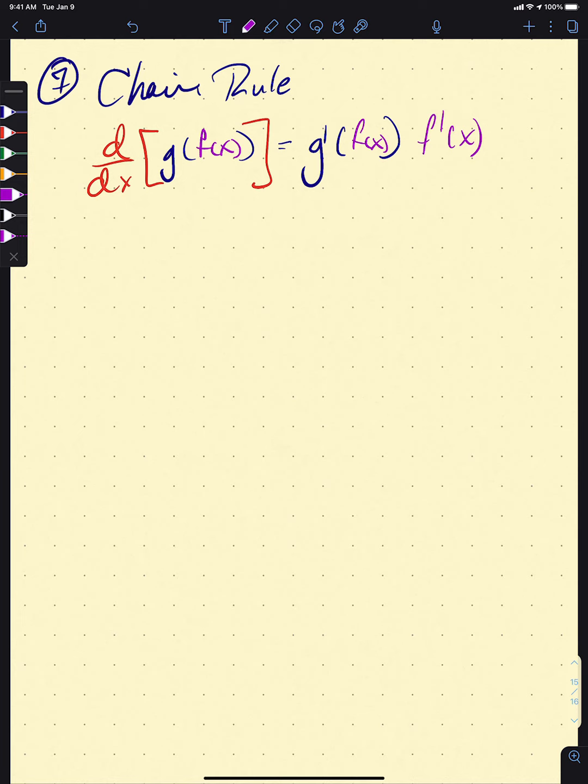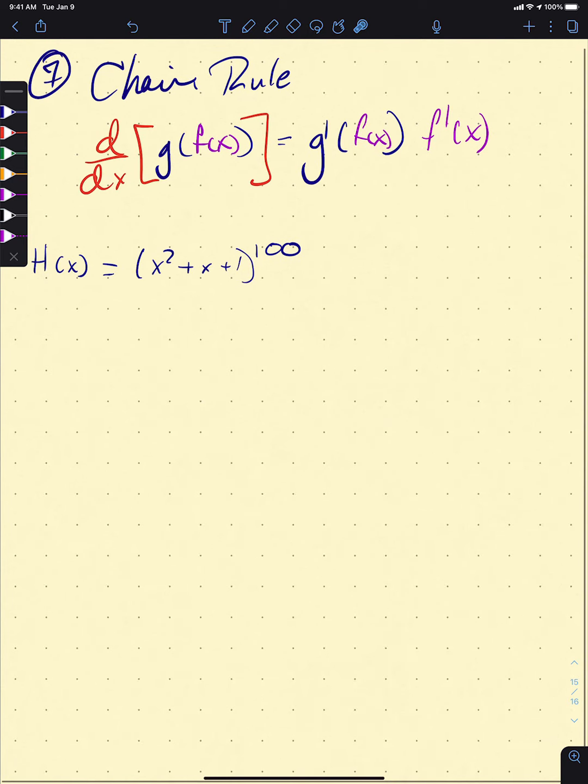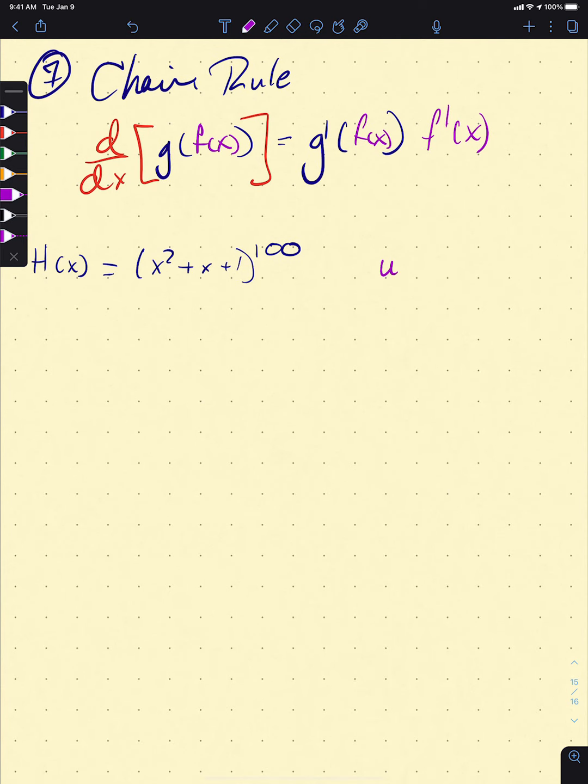Okay, let's do some examples sort of to firm this up. Let's take a look at the one from the last page, right? h of x is (x squared plus x plus 1) to the 100, right? This is how we'll think about it. We'll have our intermediate function u equals x squared plus x plus 1, right?